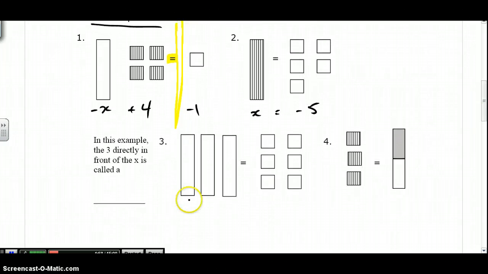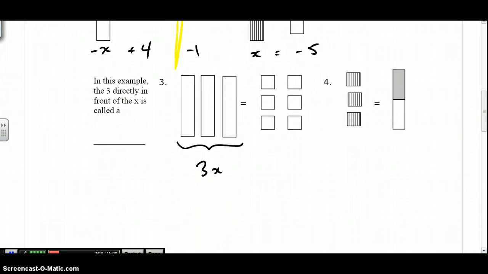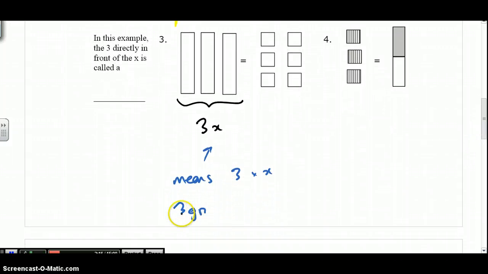Next, we introduce a new thing here. We've got this going on. So this is 3 x's, right? And we've seen already when we write it like that, that means 3 times x, or 3 groups of x. If x was a pencil, we'd have 3 pencils. So we might be thinking about the cost of the pencil, and we're going to pay for 3 times the cost per pencil, right?